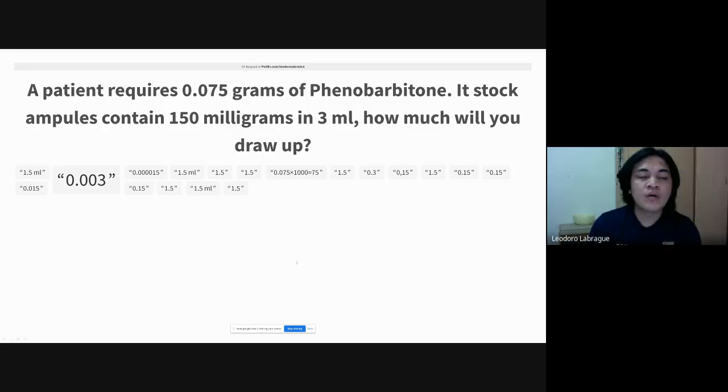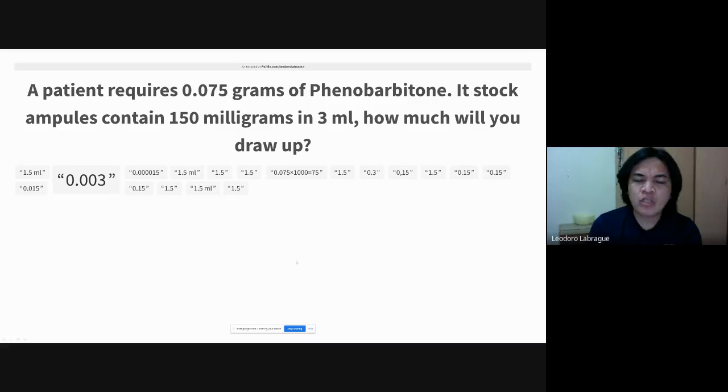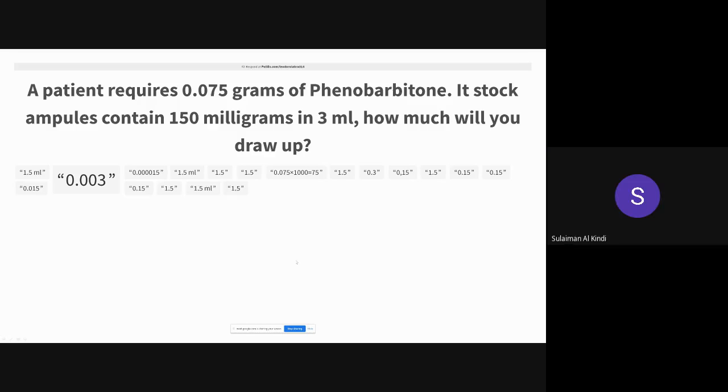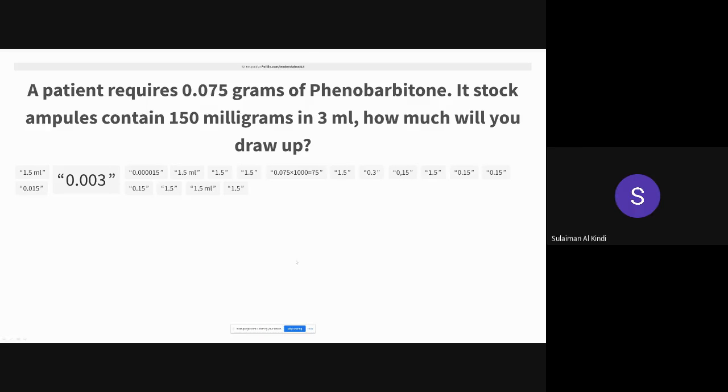Yes, doctor. Okay, a patient requires 0.075 grams of phenobarbital. The stock ampoules contain 150 milligrams in 3 ml. How many ml are you going to prepare? 1.5 ml. How did you come up with 1.5? First, we change grams into milligrams by multiplying 0.075 by 1,000.